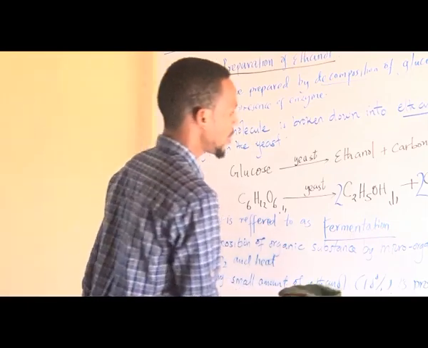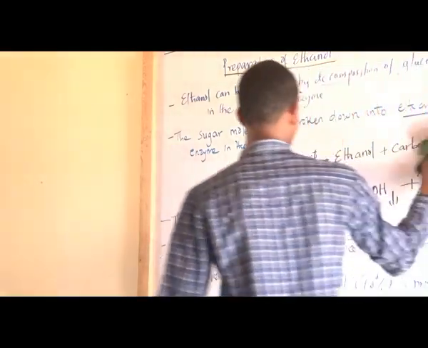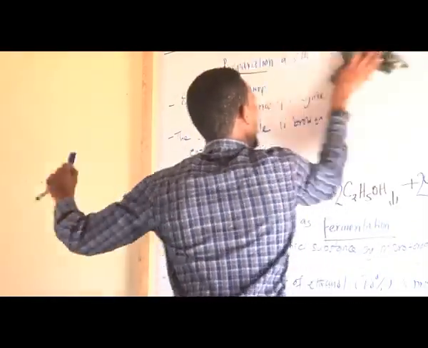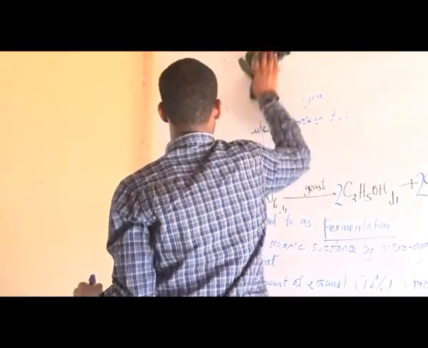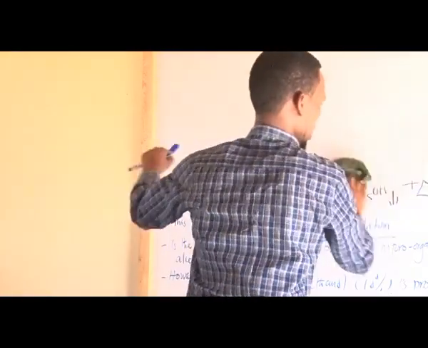Now, how do we increase the content? If the fermentation process has produced few, or it's not enough, the ethanol is not enough, how do we increase the content?